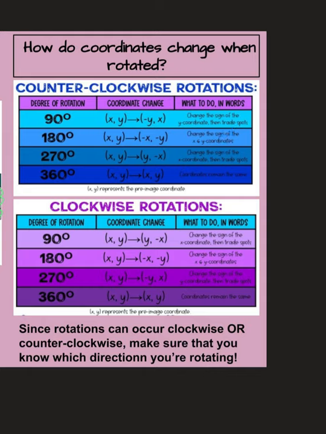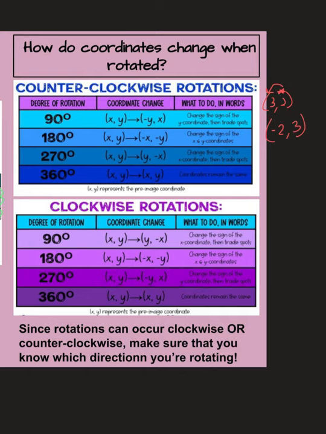So for example, if 3, 2 was my original, I'm going to change this y coordinate to the opposite and then switch spots. So I'm going to start with the y coordinate. It's a 2. So I'm going to change it to the opposite, put it as a -2, and switch its spot to the beginning. Leave the x as it is. Okay, so that's one way you can look at it.